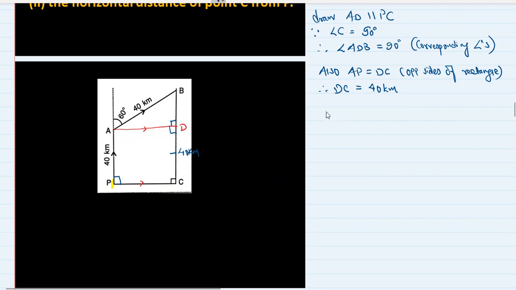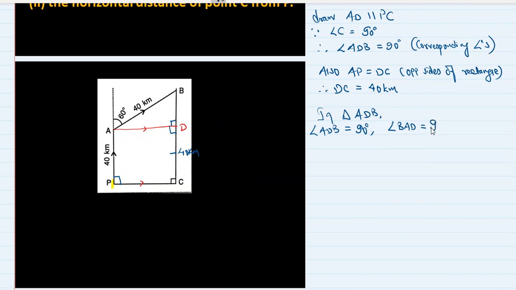Okay, so consider triangle ADB. In triangle ADB, angle ADB is equal to 90 degrees. Also, angle BAD is equal to 90 minus 60.